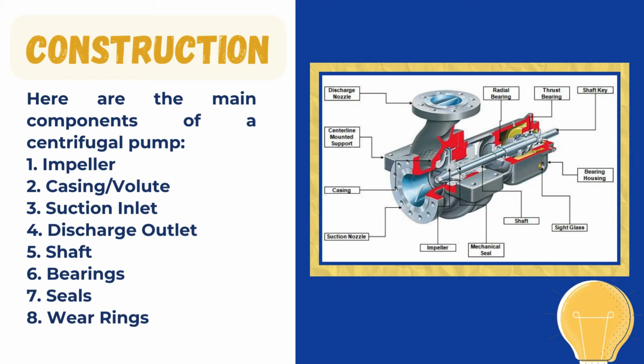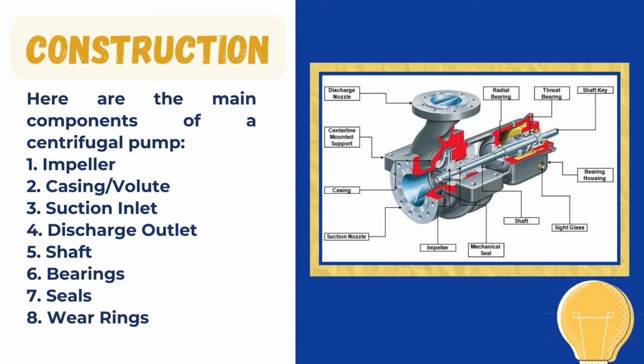Okay? Guys, now the next component in the assembly of the centrifugal pump is the shaft. Guys, the shaft is a mechanical component that connects the impeller to the motor or the engine that drives the pump, and it transmits rotational motion from the motor to the impeller, allowing the impeller to rotate and pump the fluid.